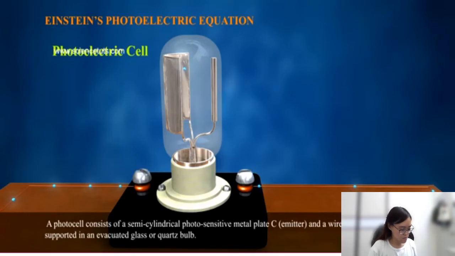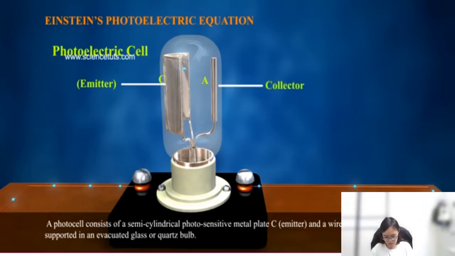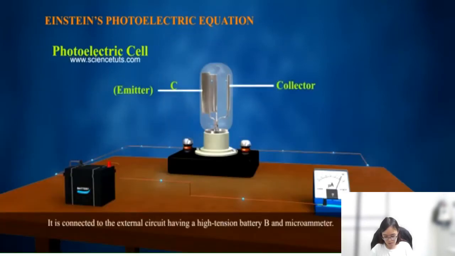A photocell consists of a semi-cylindrical photosensitive metal plate, C, the emitter, and a wire loop, A, the collector, supported in an evacuated glass or quartz bulb. It is connected to the external circuit, having a high-tension battery B and a microammeter.